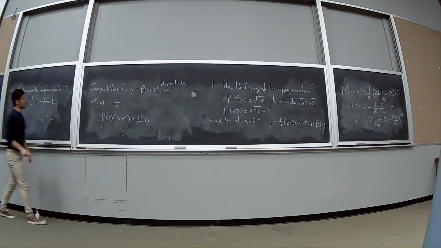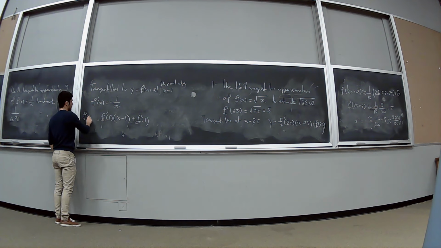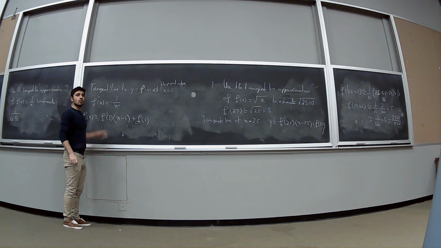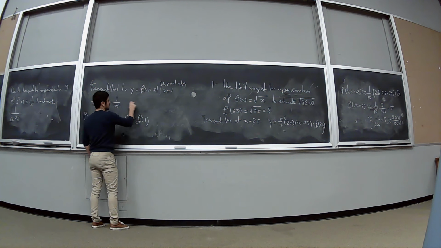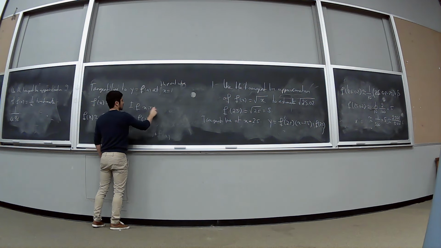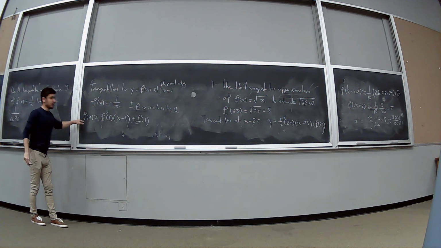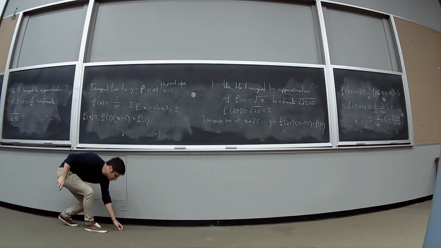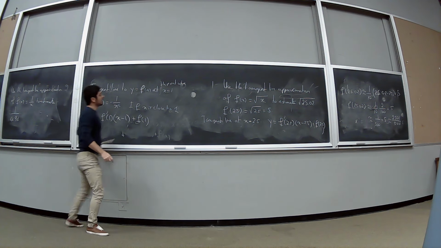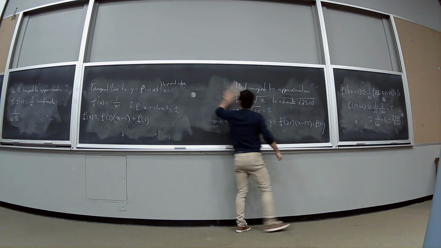Now, this approximates f of x, provided that x is close to 1. If x is close to 1, I can approximate f of x by its tangent line at 1. Great, so what is f of x here?